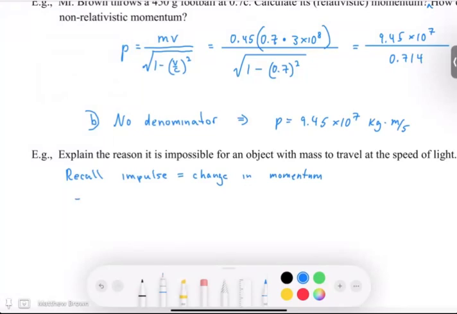Which means you need a force to change momentum.